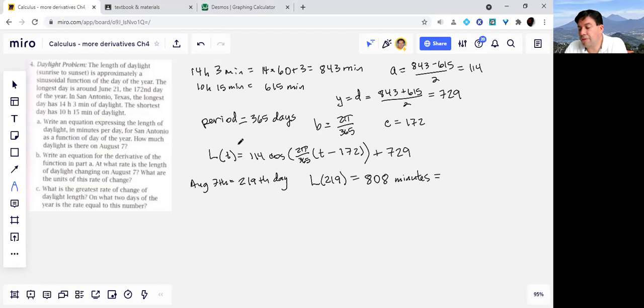So 13 times 60, that is 780, and I'm still missing 28 minutes. So 13 hours and 28 minutes. Almost 13 and a half hours. What are the units of this? Oh, that's it.